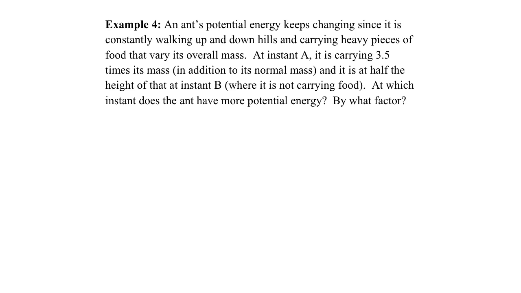So if I think about a figure of this, here's the ant right here at location A. And then it's going to go up to location B. The reason I drew my levels proportionally double is because it says at instant A, it's carrying 3.5 times its mass, and it is at half the height of that at instant B. So instant A is half the height of instant B. So I know that my diagram looks like this already.